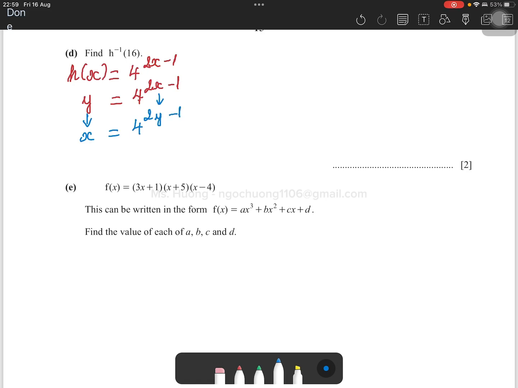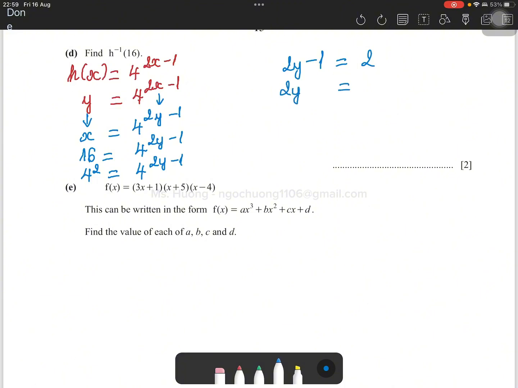And now we don't really need to make y the subject, we just want to find the value of y. In this case, x is 16, so I'll substitute 16 into this. 16 is 4 squared. So 4 squared equals 4 to the power of 2y minus 1. Now we see that the bases are the same, so 2y minus 1 should be the same as 2.